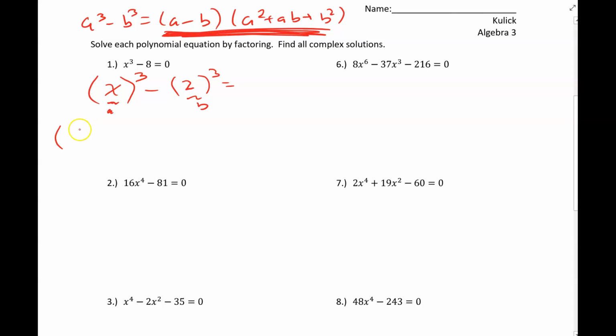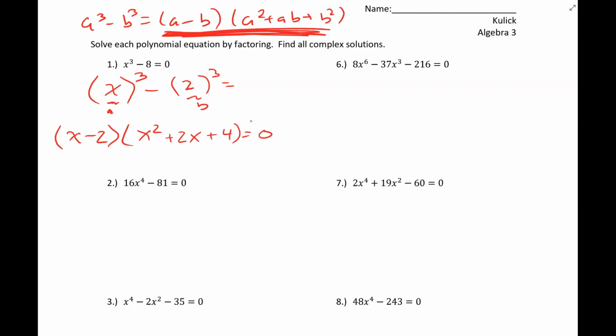X. And what is B? 2. So I'll write x minus 2. There you go. And then what am I going to write? Good. Plus 2x, 2x plus 2, or just 4. Everybody okay doing that?